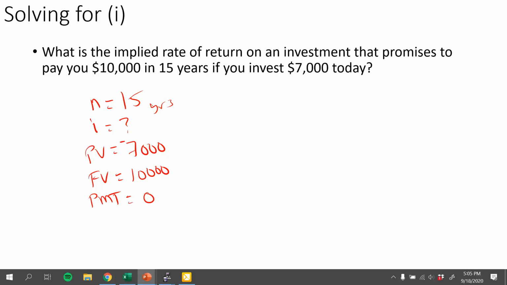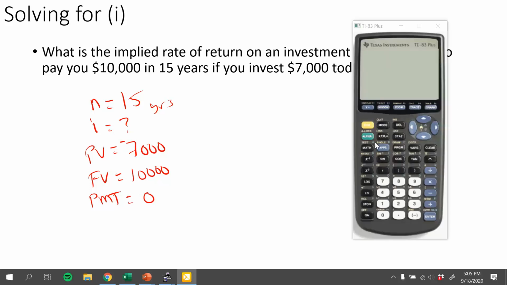Now let's pull out our calculator, our TI-83 calculator, and try to figure out what the implied rate of return is on this investment. All right, I got my calculator. I'll go into apps, I'll go into finance, and I'll go into the TVM solver. So my N is 15, so we're investing for 15 years.